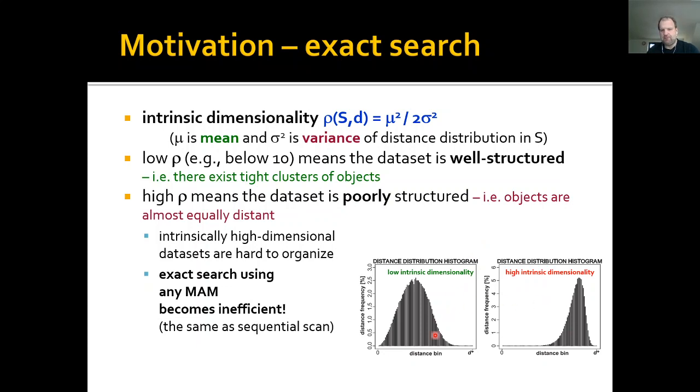So we have two examples here. If we take a database and randomly sample pairs of data objects, compute distances between these pairs of objects, and then create a histogram for a given quantization of distances, then we can construct a histogram like this.